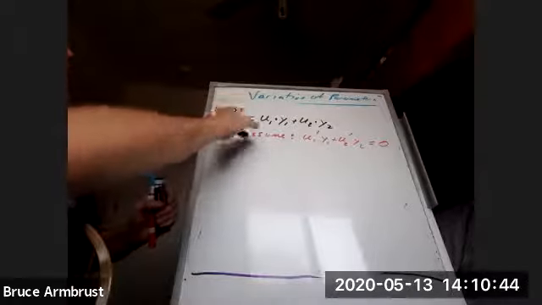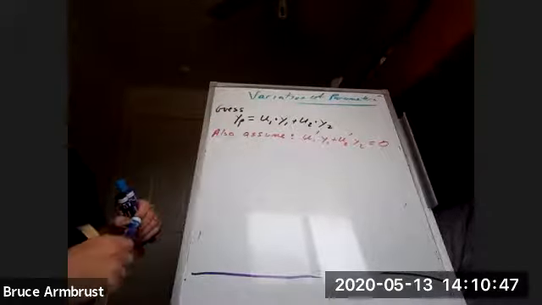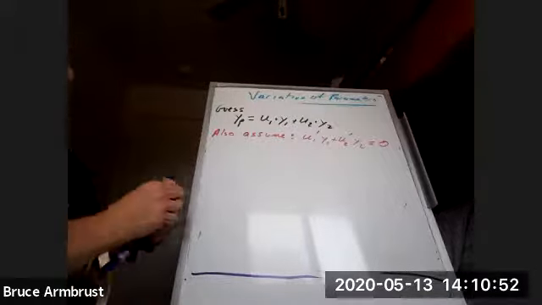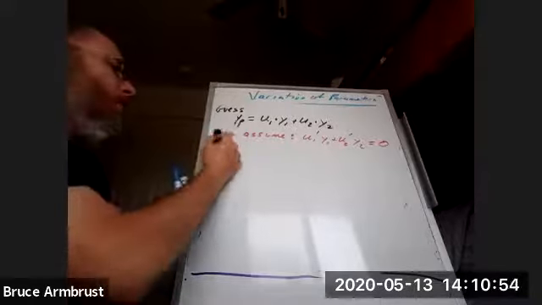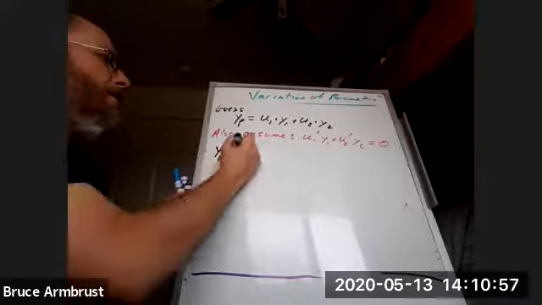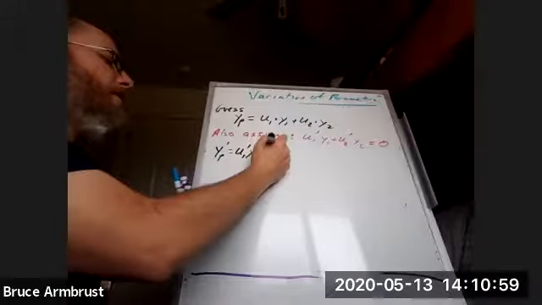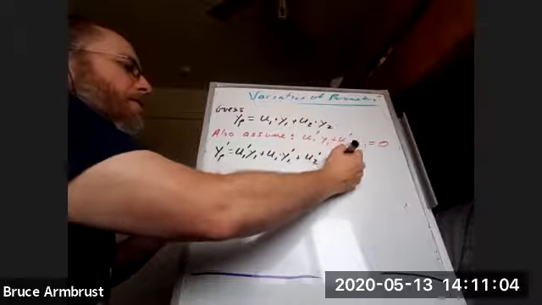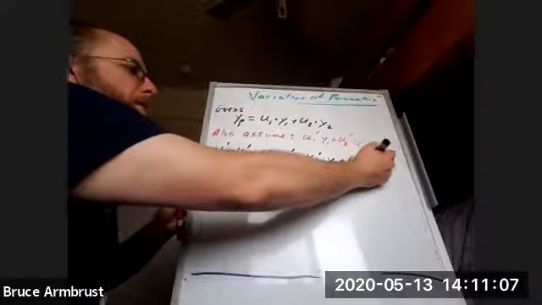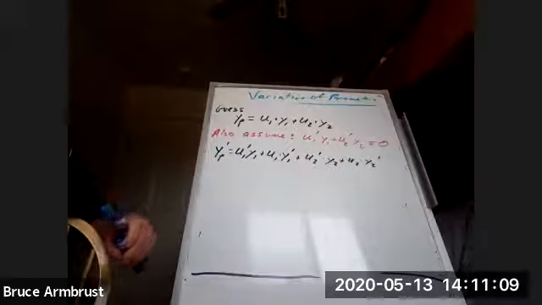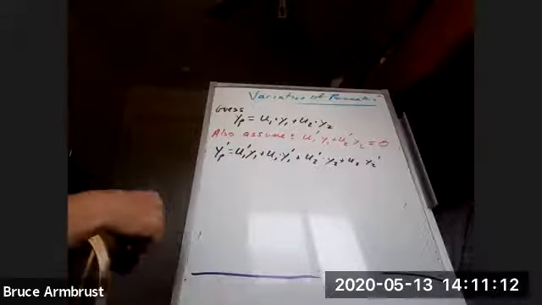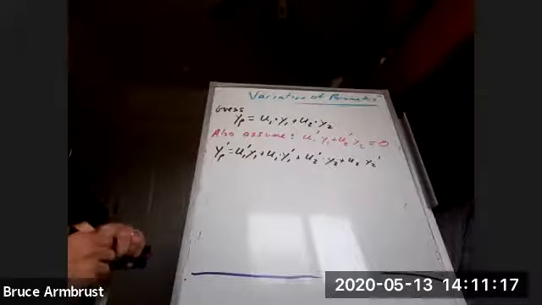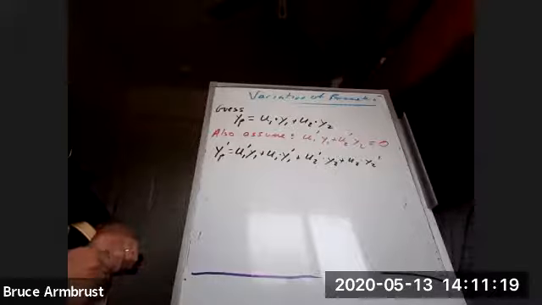We're going to take this and plug it into the original differential equation. So we need its derivative and we need its second derivative. So this yp prime is going to be u1 prime y1 plus u1 times y1 prime plus u2 prime times y2 plus u2 times y2 prime. If you guys are getting bored of doing the generic product rule, I'm not surprised, because we seem to do it every time.